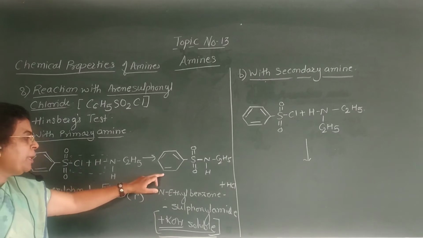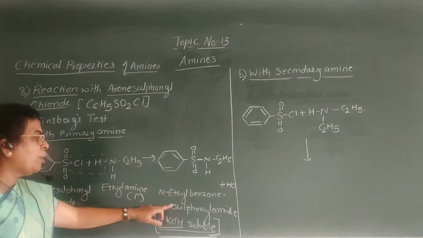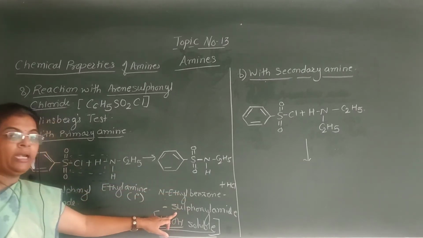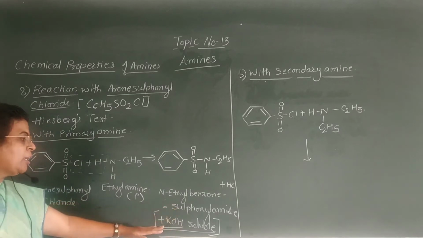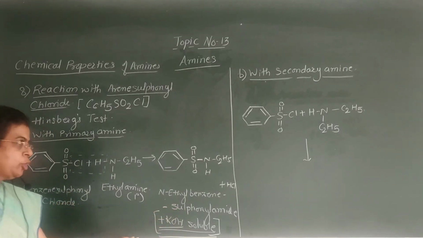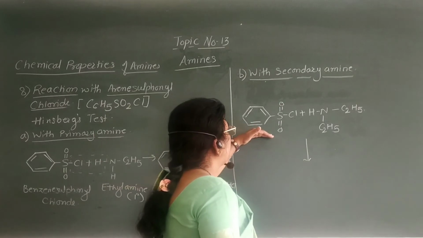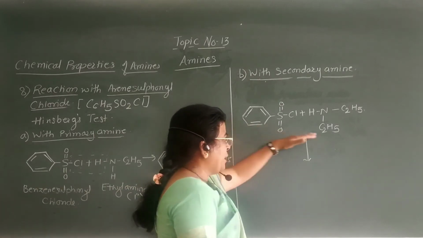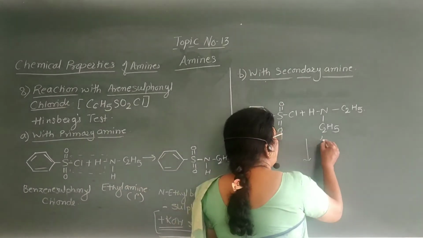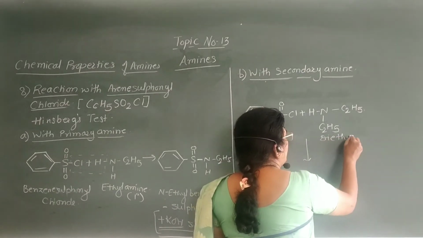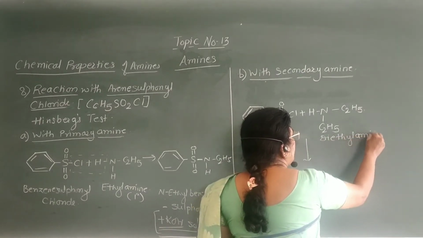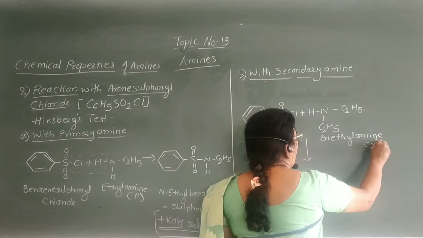That is, this N-ethyl benzene sulfonyl amide is acidic in nature, and therefore it is soluble in KOH. Now this is benzene sulfonyl chloride, and this is diethylamine. This diethylamine is a secondary amine.